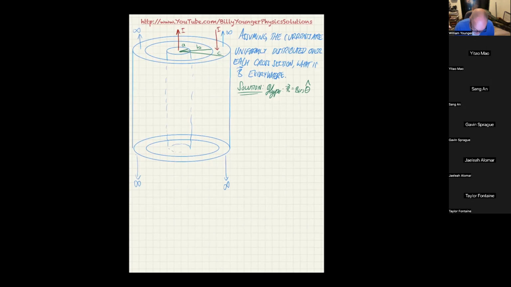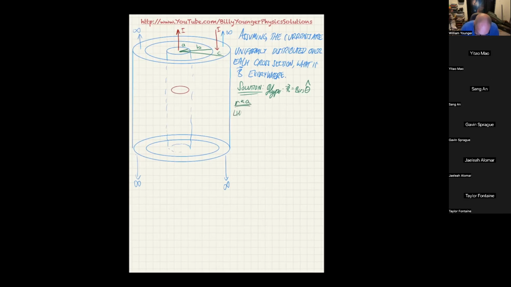First off, I'm going to consider an Amperian loop that's smaller than A. In other words, its radius will be less than A. So r is less than a.